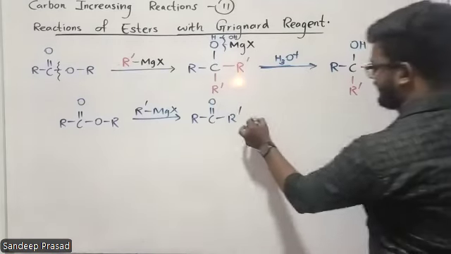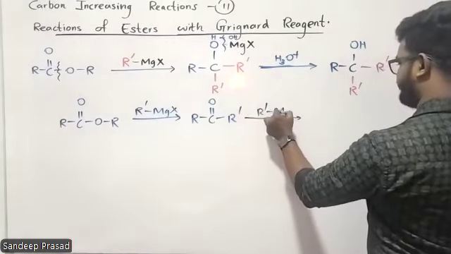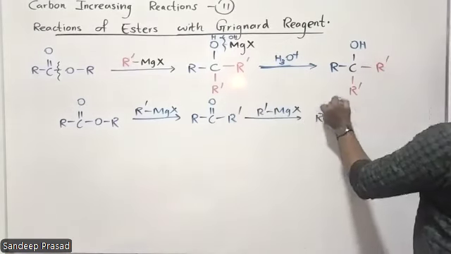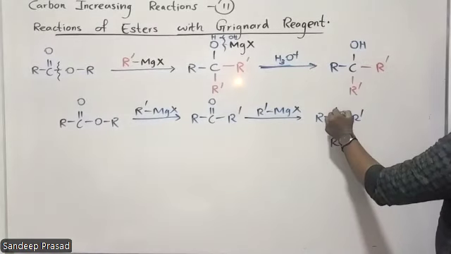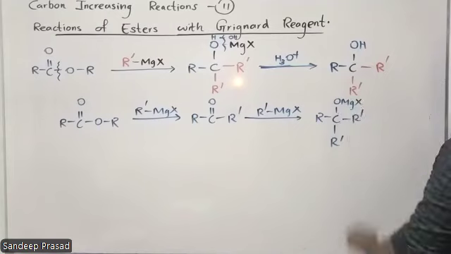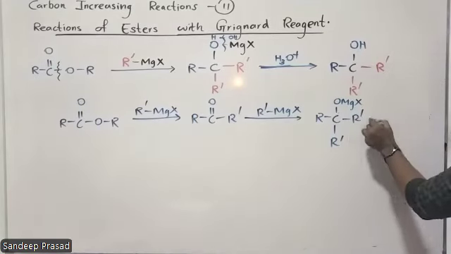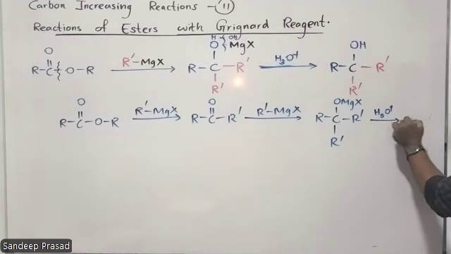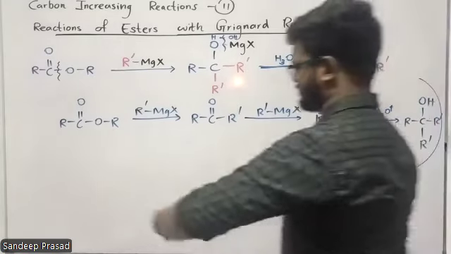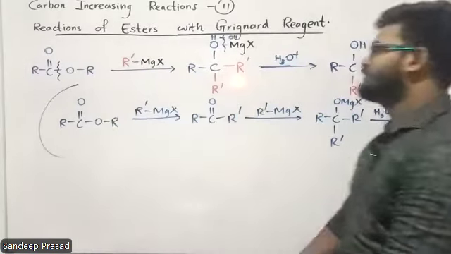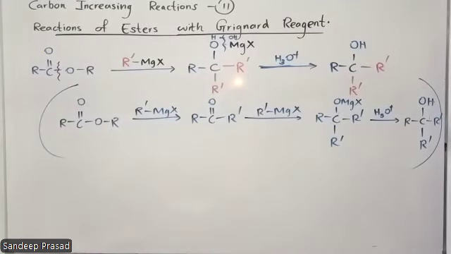And then further, it reacts with this Grignard reagent. Then another alkyl group from the Grignard reagent is connected here and converted into this kind of OMgX. Then after addition of H3O plus, we know that this is converted into this kind of alcohol. So this is why two alkyl groups are connected to the ester compound. Right? That is what happened.